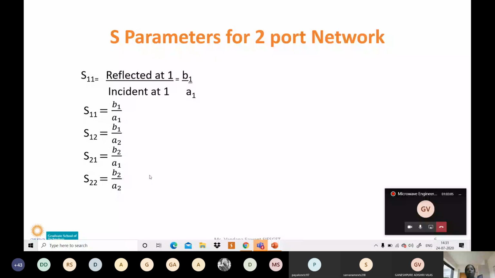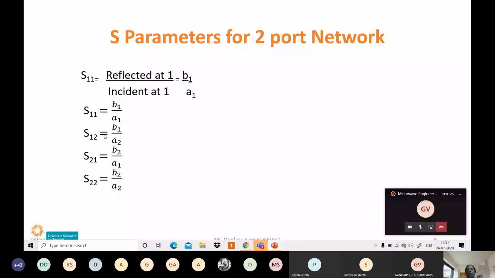B1 can be related to A1 or A2 only, and B2 can be related to A1 or A2 only. Input and reflected signals can be related in four different possible combinations if the network is a two-port network.